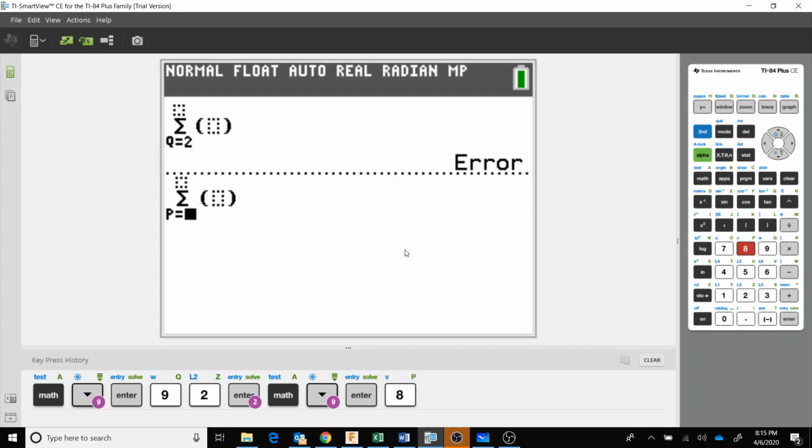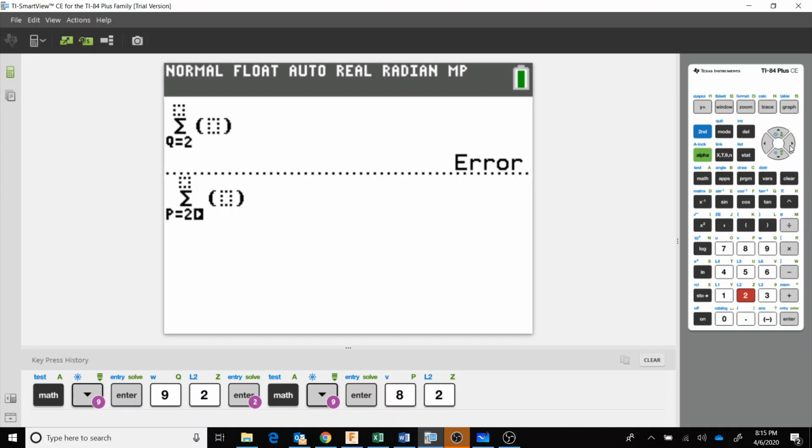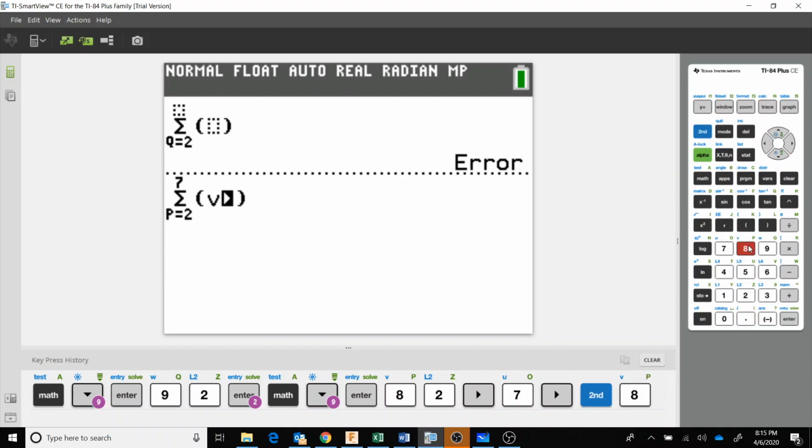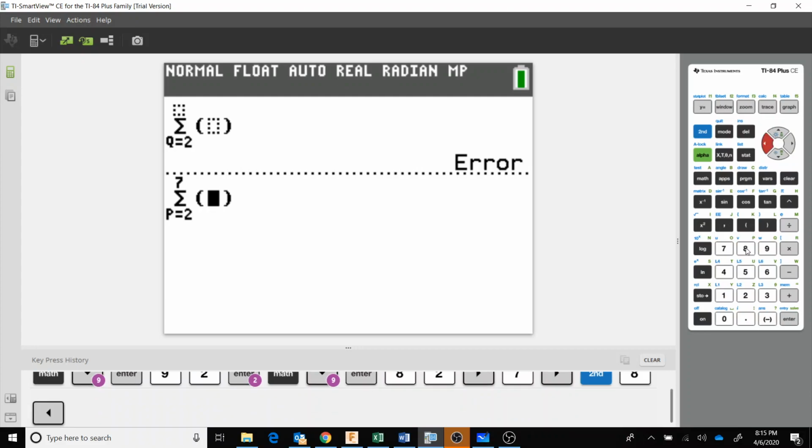All right, we're using P. P is equal to 2. And let's see, how do I get up to the other? There we go. I used the arrow key, and that brought me up. It was 2 to 7. And I'm going to hit the over arrow again. And my actual problem was P times P minus 5.